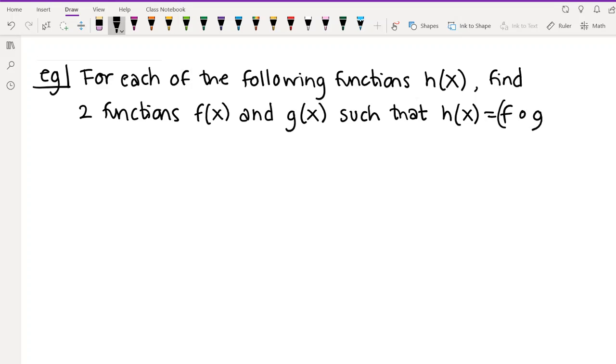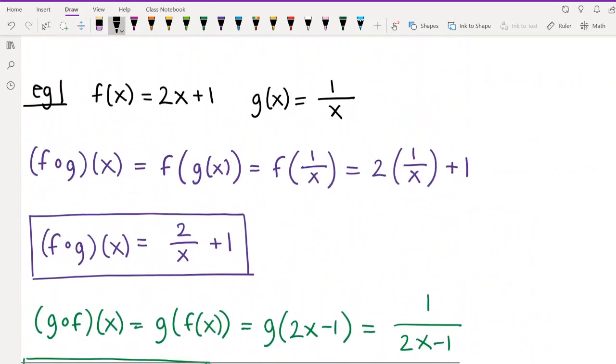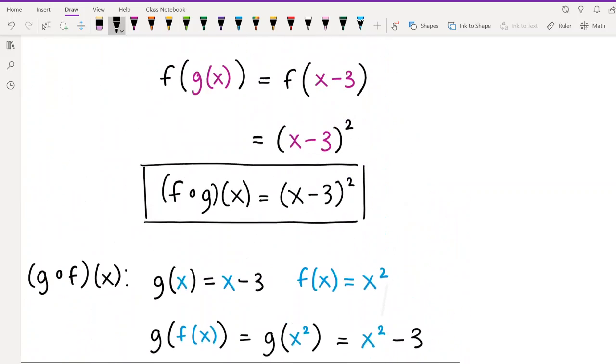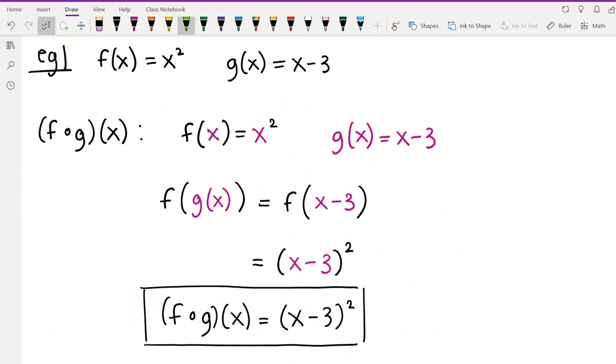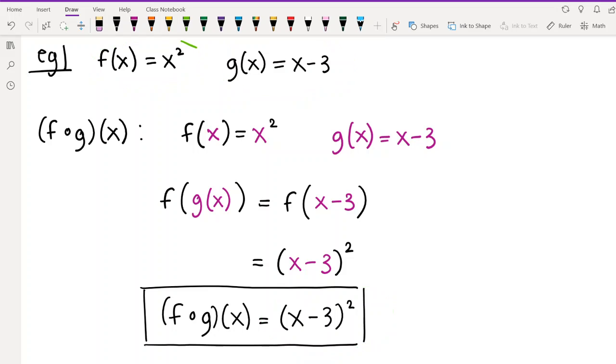Instead of me handing you, here's f of x, here's g of x, compose them together and get this, the way that these problems are going to work is that I'm going to start by giving you this, and you're going to have to tell me, oh, okay, that came from this and this.